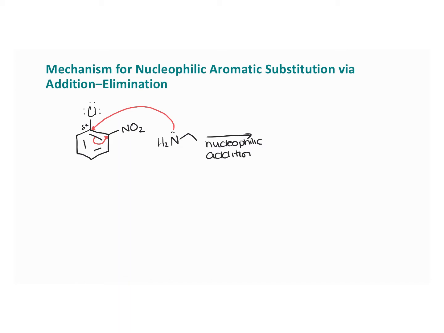Now I'm just going to follow my arrows to form the bonds. And so when I do this, I'm going to draw my ring. Okay, I have my chlorine here. It has not left. And then over here I have my nitrogen with 2 hydrogen atoms, and now it has 4 bonds, so it has a positive charge.